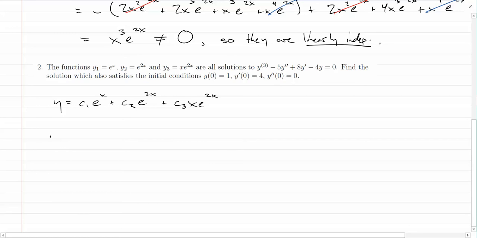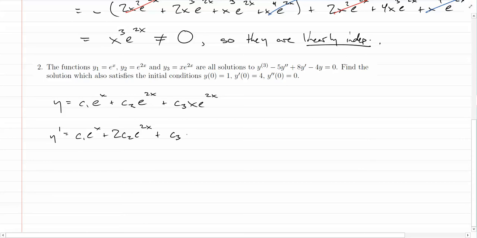Okay, so in order to do that, we have to find the derivatives. So let's see, y prime would be c1 e to the x plus 2c2 e to the 2x plus, and then the third one's a little trickier, you've got to use the product rule.